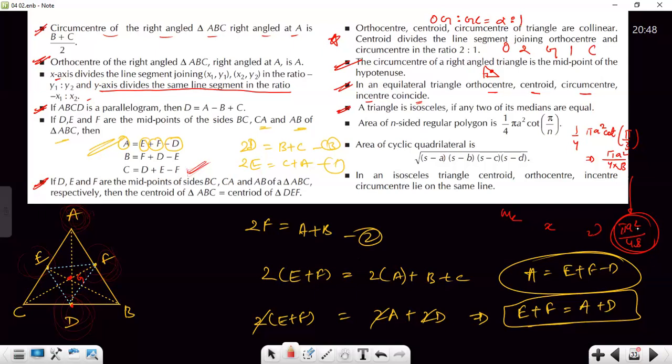Coming to the next, area of cyclic quadrilateral. Yes, this is important. In the area of cyclic quadrilateral, A, B, C, D are the sides of the cyclic quadrilateral. What is a cyclic quadrilateral? Can anyone tell me?